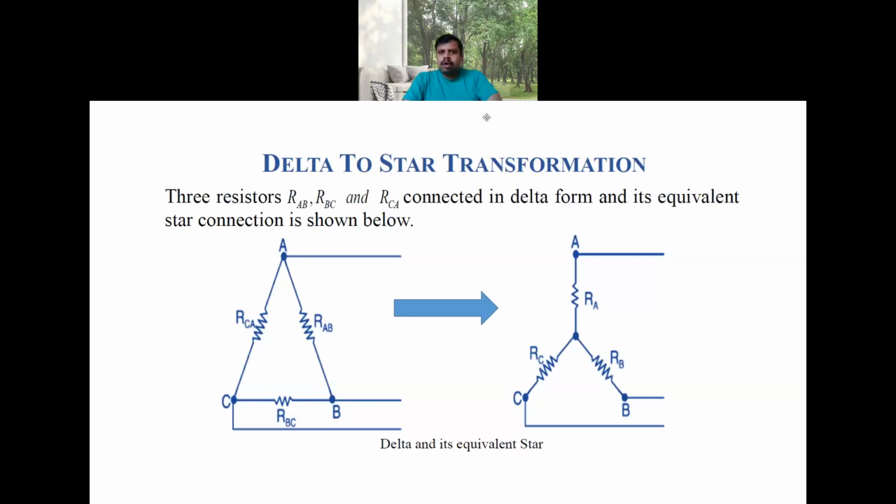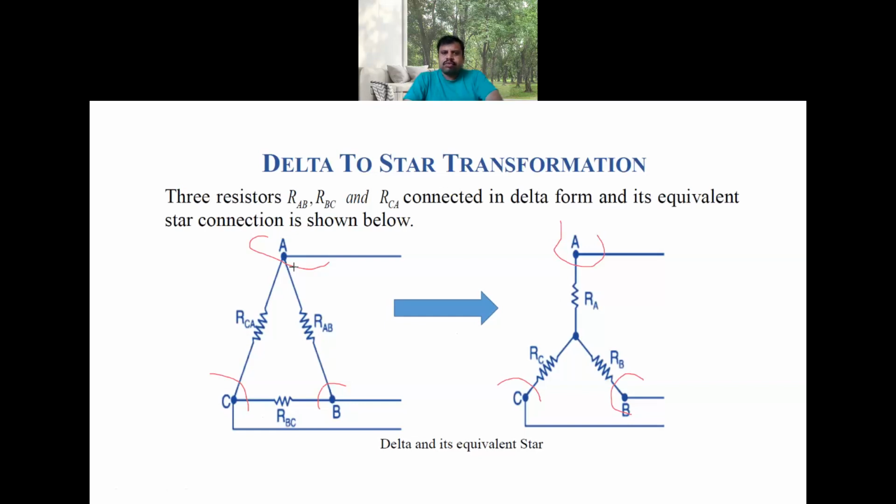That means whatever is connected to the A terminal, B terminal, and C terminal, in between these three terminals the circuit is the same, that is the delta is equivalent to star. Now, how to convert it?